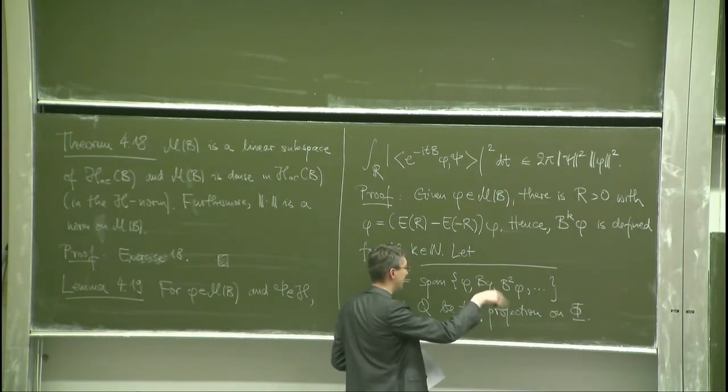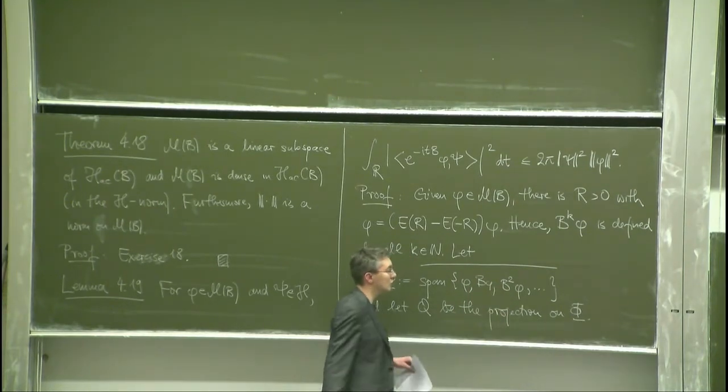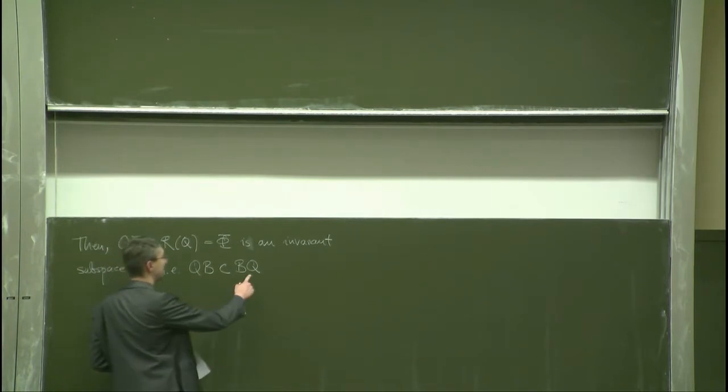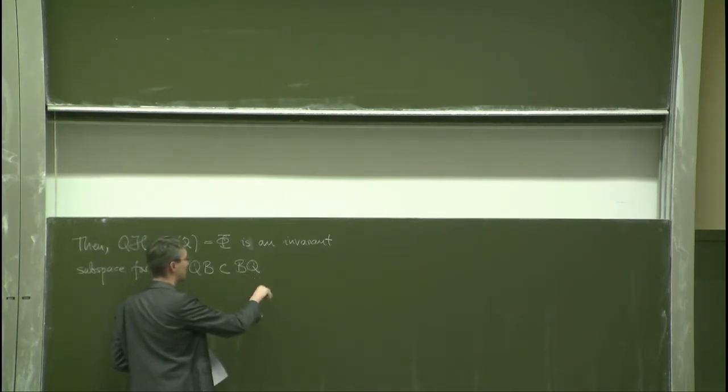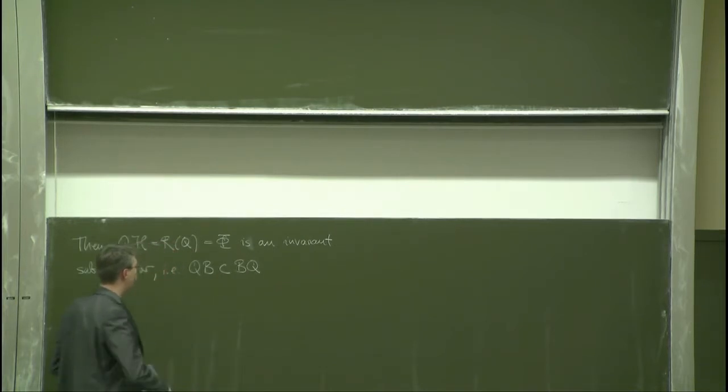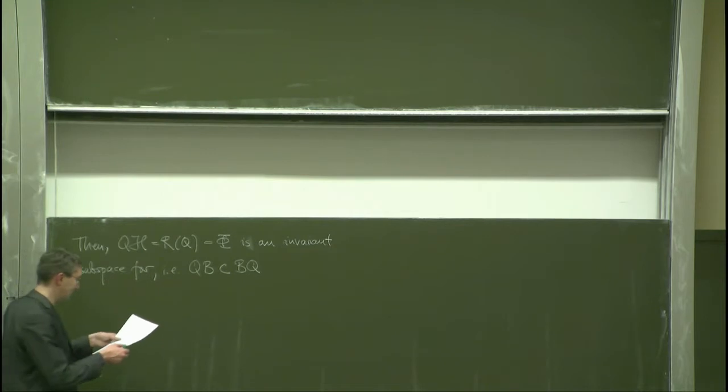Then you take the span of all these objects and take the closure. So if you take an element from the space, obtained by projecting onto phi, and then apply the operator B, you will always end in the space, simply by the definition.